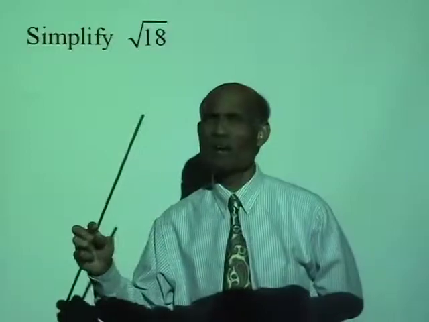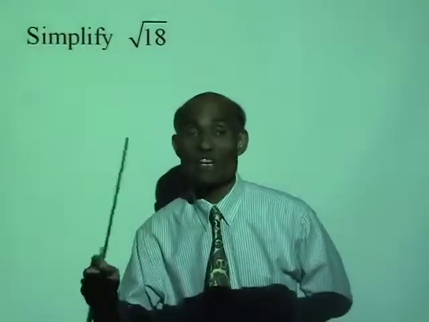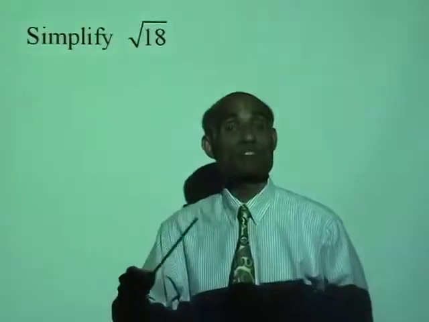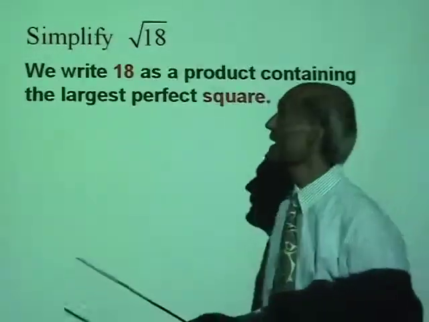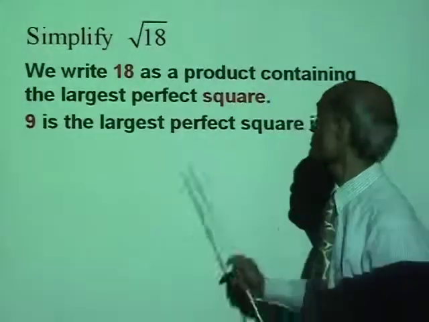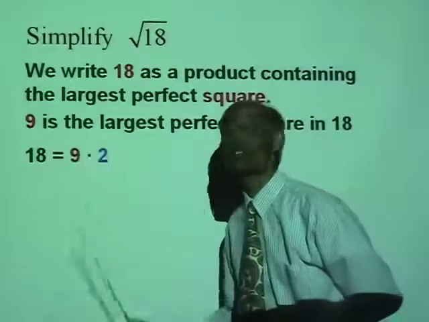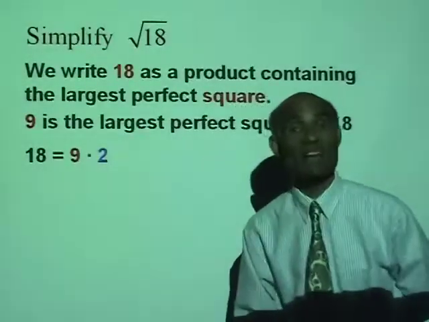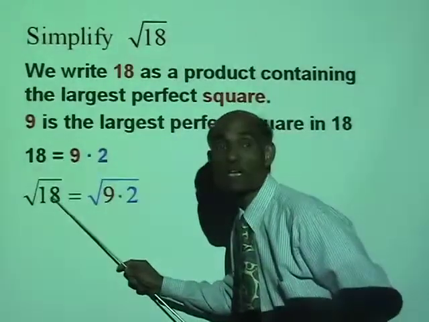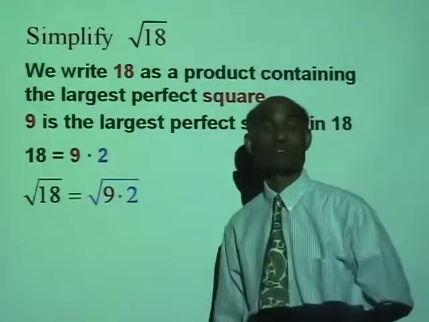If you know your numbers, work through your mind. 18 is 9 times 2. 9 is the largest perfect square in 18. That means 18 can be written as 9 times 2. Therefore, square root 18 is square root of 9 times 2.